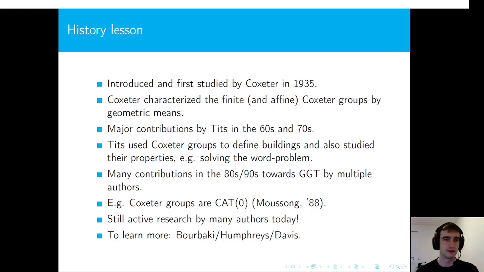Okay, so this is the brief history lesson, where, of course, you could probably give at least 5 talks just about the history if you really want to mention all the results. But I think this gives you a rough idea that there's a bunch of research that has been done, but still there are open questions. Much is known, but much is unknown. And maybe this motivates you to think about these groups as well.